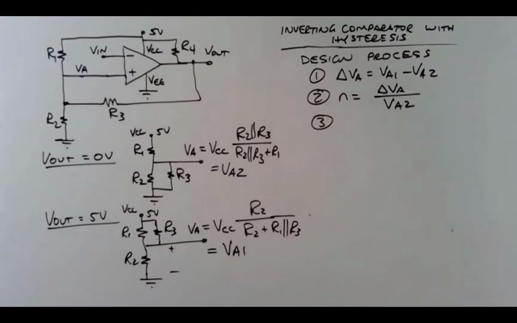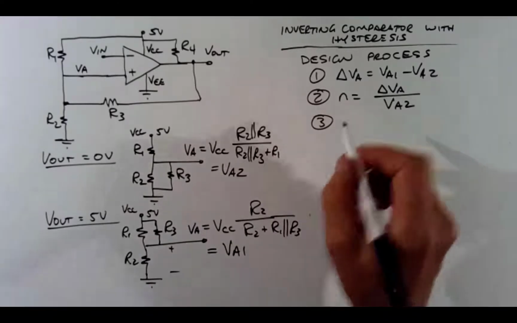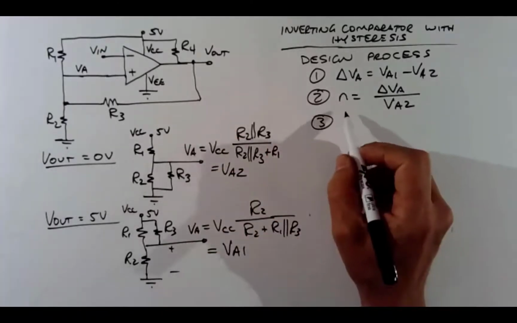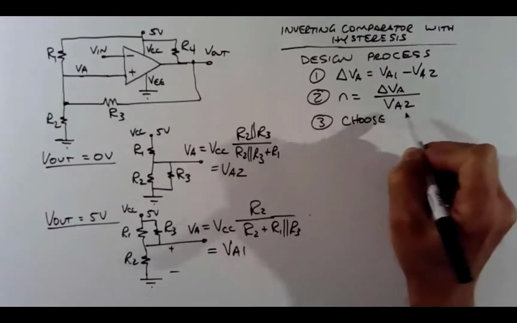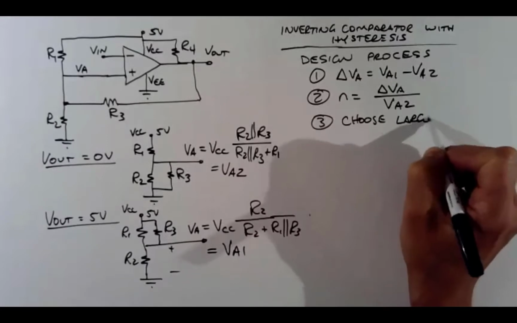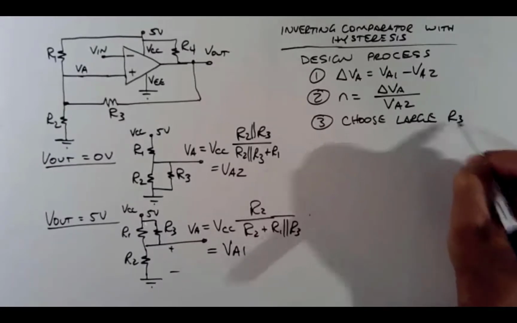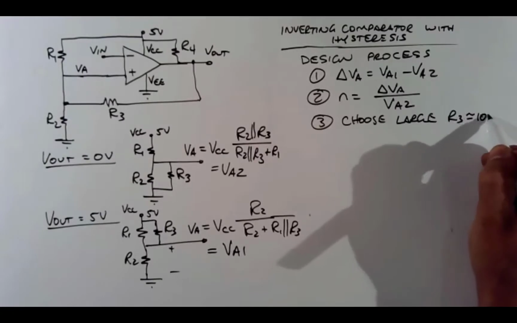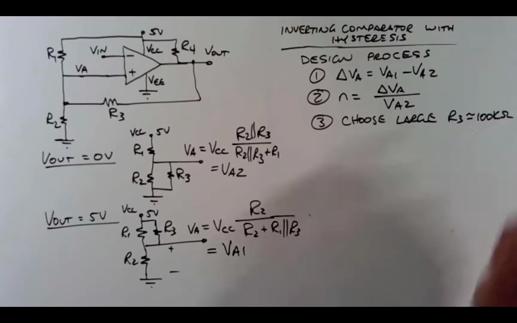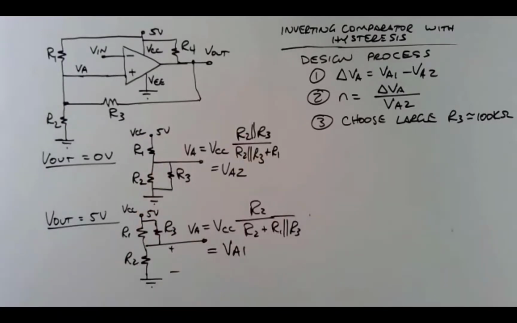You would then choose R3, and actually R4 also. So you would choose a large R3. What's large? 100 k ohms. That's about as high as you want to go for a circuit like this that has a typical op-amp.